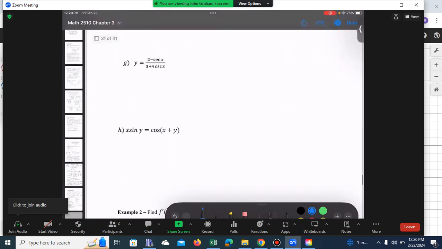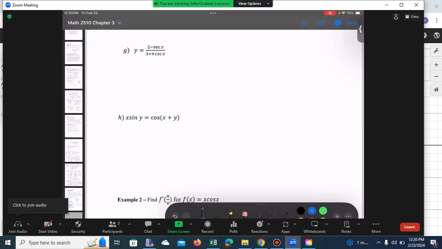Okay, a couple more. 2 minus secant x over 3 plus 4 cosecant x. I'm going to rewrite this: 2 minus secant x times 3 plus 4 cosecant x to the negative 1. I'm doing that so it's easier to take the product rule. It's going to require the chain rule as we do this, though.